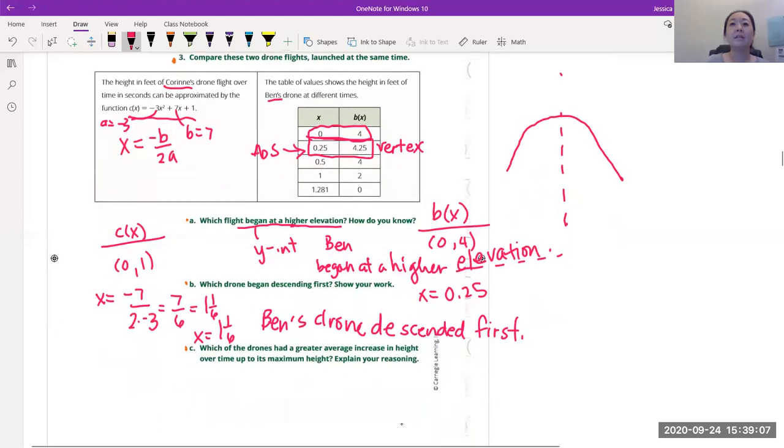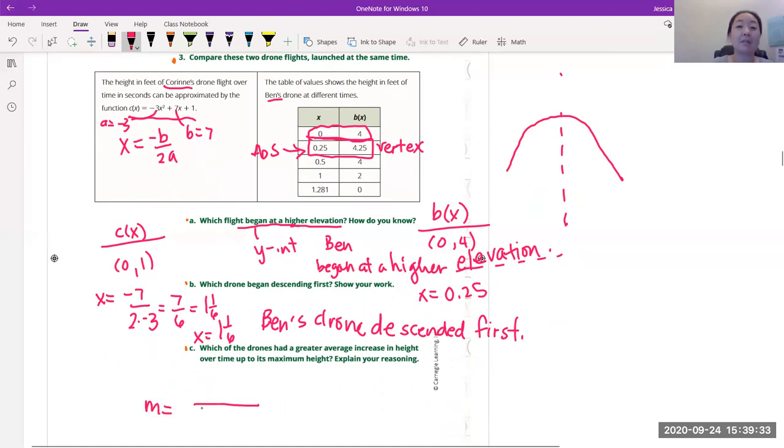All right, and then the last one here for this question, not the last thing of the whole thing. Which of the drones has a greater average increase in height over time, up to its maximum height? So from the time it started to the maximum height, what's that going to be? Well, we already know the time that it started. We're going to have to use the slope formula.